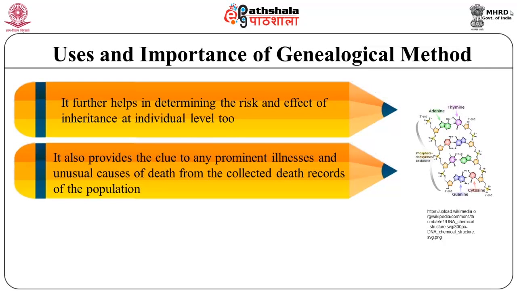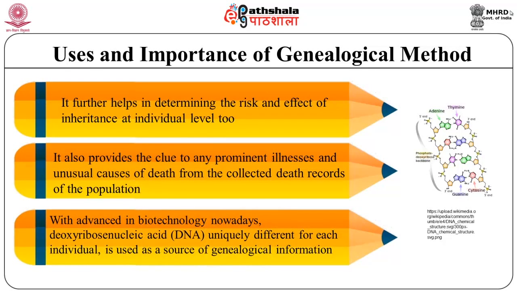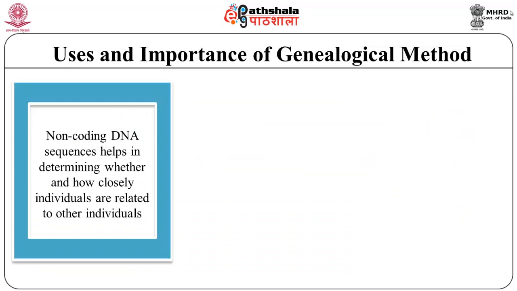With advanced technology nowadays, the deoxyribonucleic acid, that is DNA, uniquely different for each individual, is used as a source of genealogical information. The non-coding DNA sequences help in determining whether and how closely related individuals are to each other.